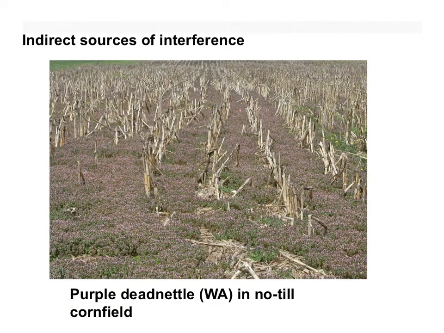Now, I pointed out earlier that purple dead nettle is a very common winter annual in Ohio and throughout the Midwest. It particularly likes to colonize no-till cornfields. One of the reasons why it does well in that environment is because it's really not bothered. It tends to come up and get established after the corn's been harvested, and it completes its life cycle before the next spring when crops are normally planted.